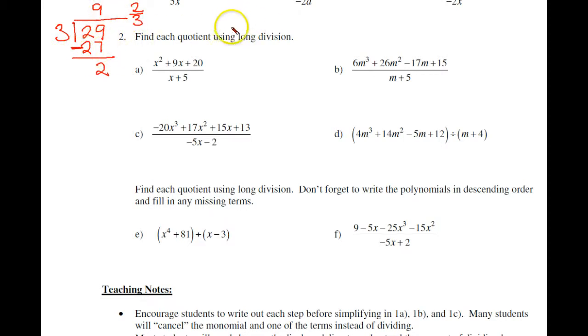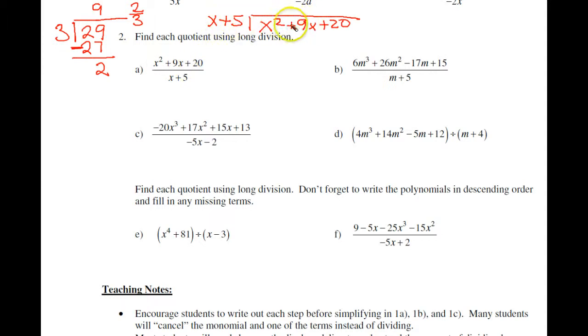So we're going to follow that same procedure here. We're going to say x plus 5 divided into x squared plus 9x plus 20. I'm setting it up. I'm dividing this into that.